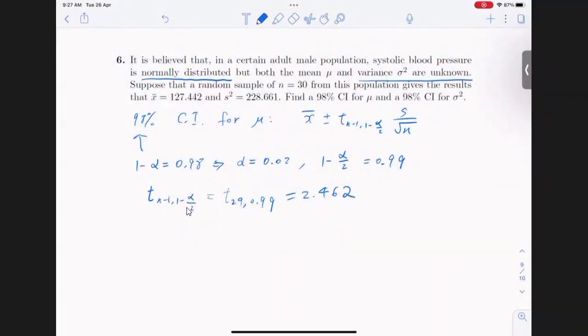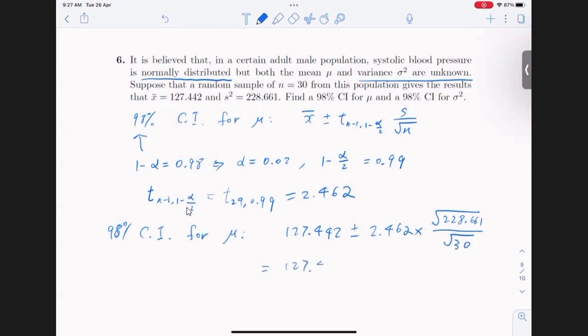Okay. So we substitute everything into the formula. We have the sample mean 127.442 plus minus the T quantile multiplied by the standard deviation, which is the square root of the variance, divided by the square root of the sample size. Then the rest will be just calculations.